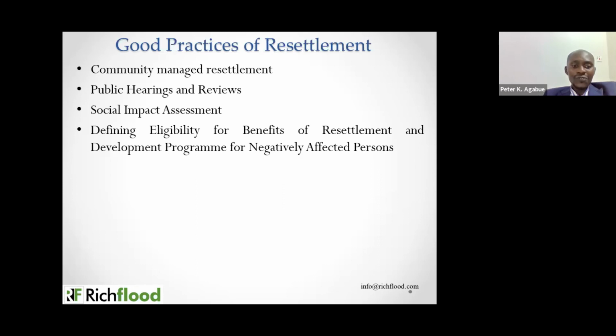And finally, defining the eligibility for benefits of resettlement. As part of the good practices of resettlement, it's good to develop a program for negatively affected persons. The inclusion of this eligibility criteria has potential to benefit the actual displaced person.